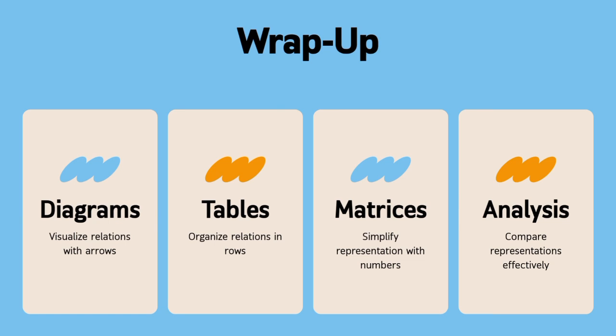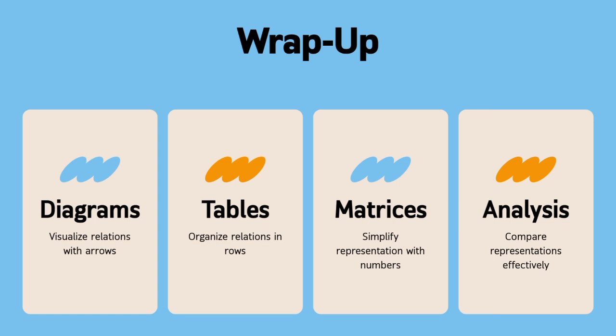So now, let's summarize what we've learned today. Arrow diagrams help us visualize relations clearly. Tables help us organize the relations systematically. Matrices help us simplify relations into numbers.